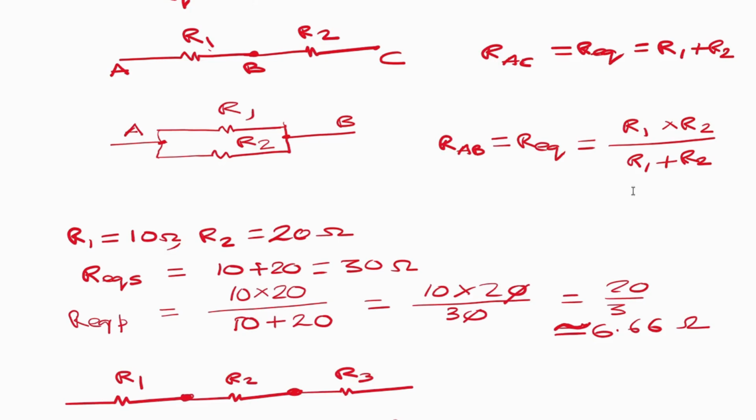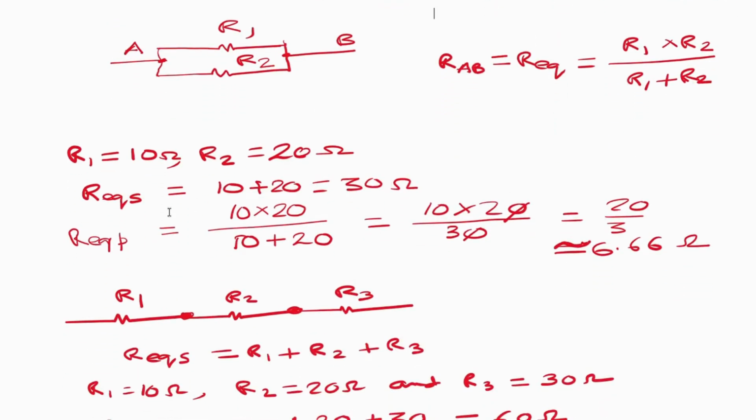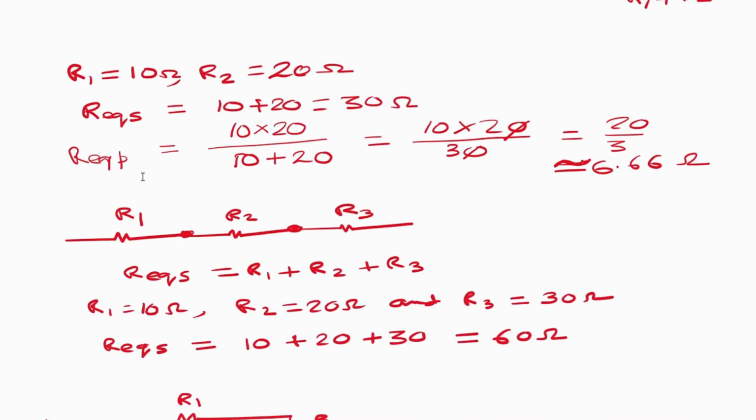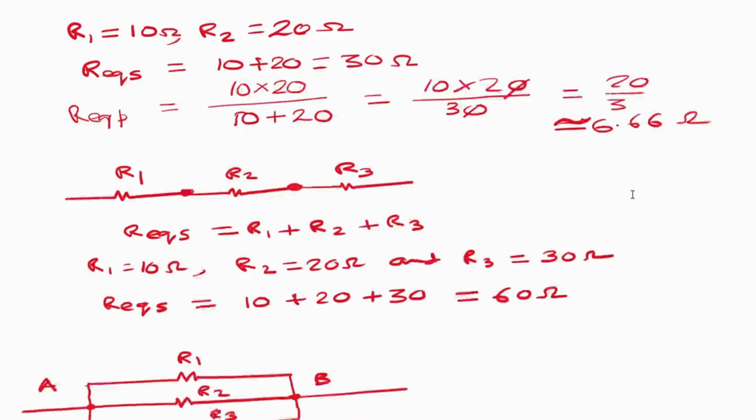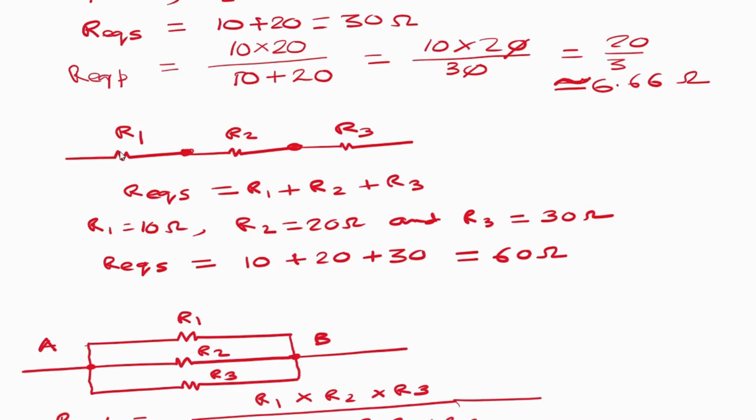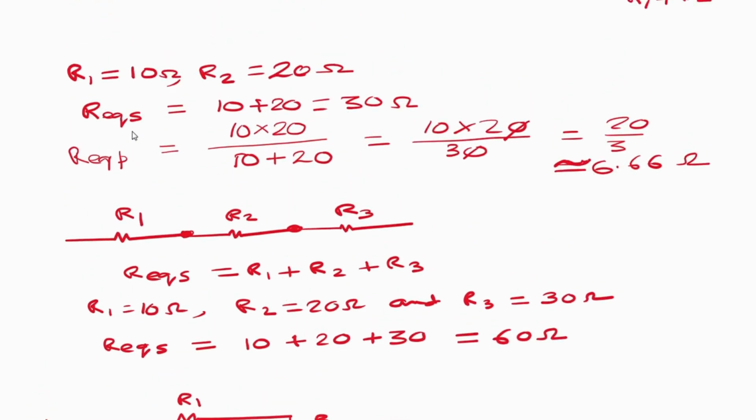Series combination will be additive, that means 30 ohms, and R equivalent P, parallel combination, 10 into 20 by 10 plus 20, that means 6.66 ohms. So if the resistor values are greater than 1, in series combination the value will be more, and in parallel combination the value will be less, in all cases where R1 and R2 are both greater than 1.